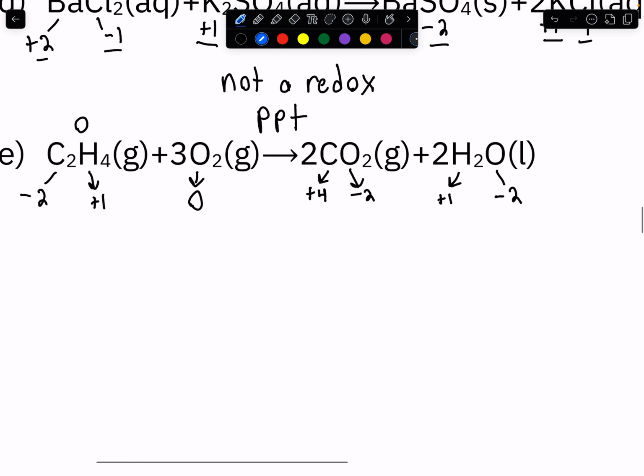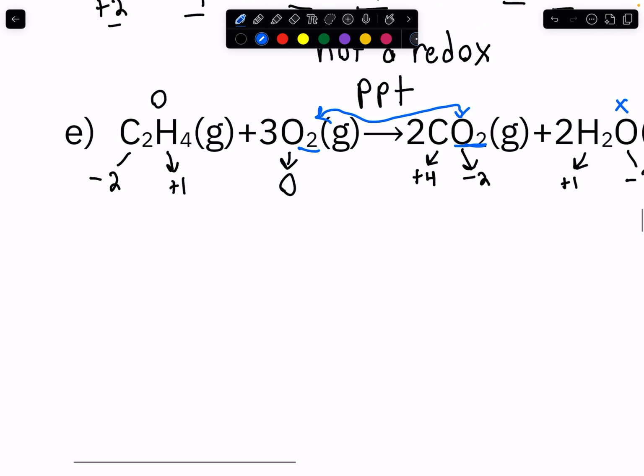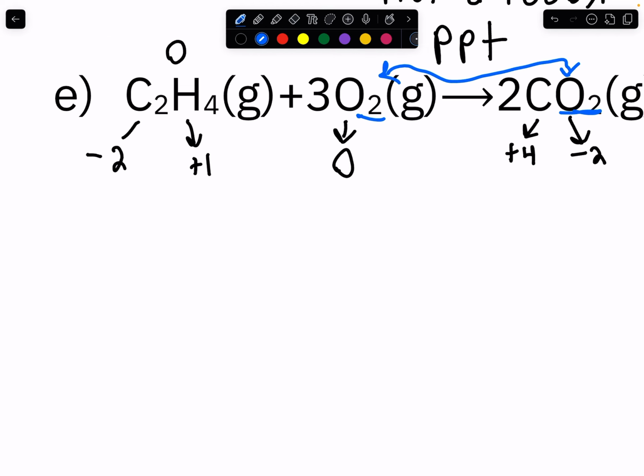In this situation, it's kind of similar in the sense that this O2 is going to relate to this O2, not to this one, even though it has the same charge as this other one. So I don't want you to get confused on that one.